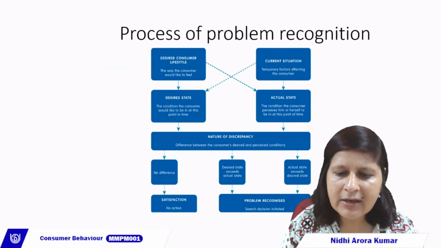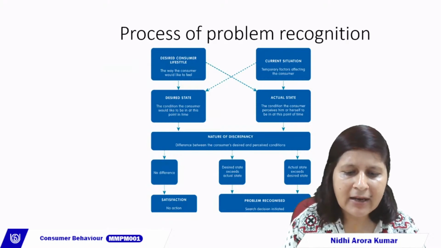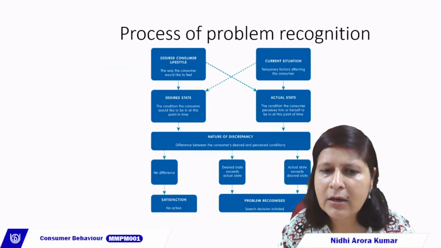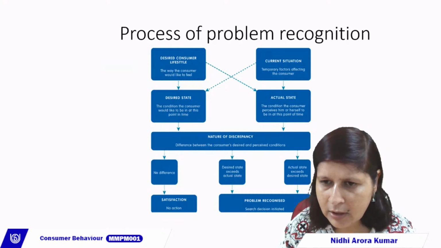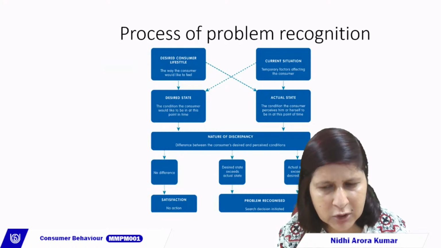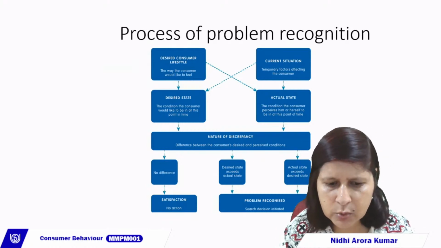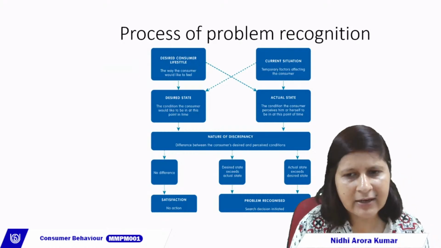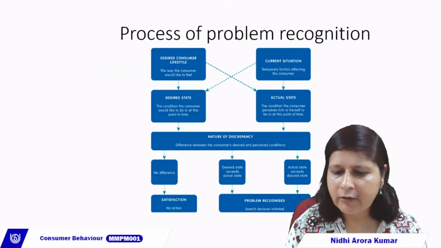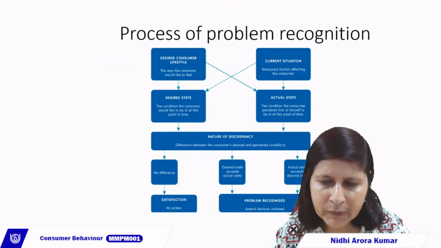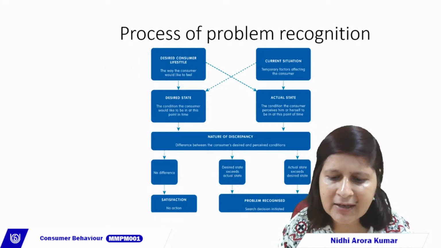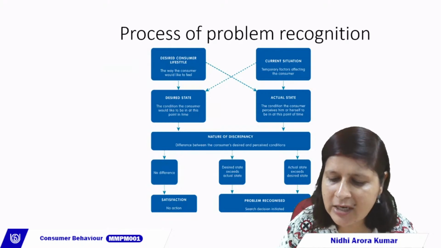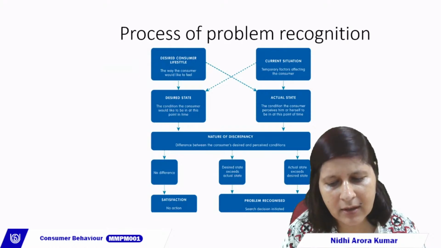And now this leads to many things. If there is no difference between the desired situation and the actual situation, then it leads to satisfaction. If there is a difference between the desired state and the actual state, and the desired state exceeds the actual state, it leads to problem recognition.